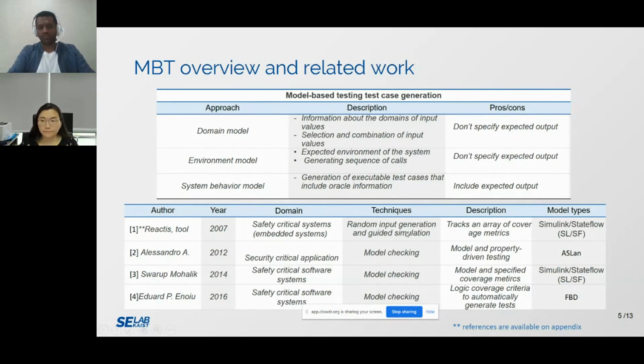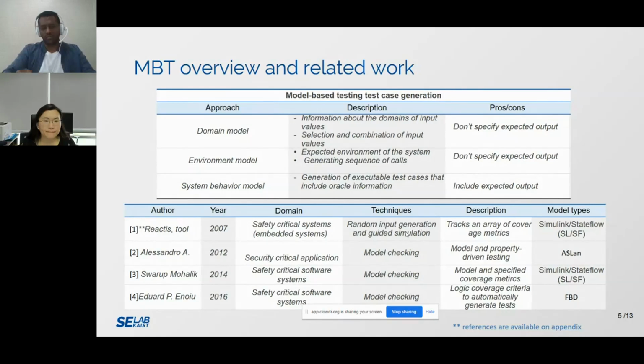Another observation that we have obtained from the literature is what the common techniques used in critical systems or safety critical systems to design test cases are, and model checking is popular to design test cases for safety critical systems.